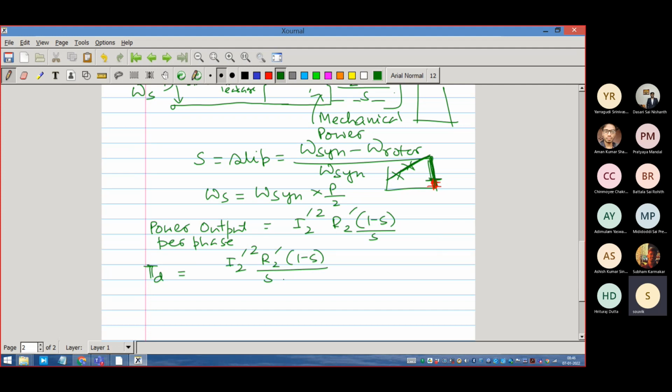Mechanical speed means omega rotor. What is omega rotor? Omega rotor is equal to 1 minus S omega sync.